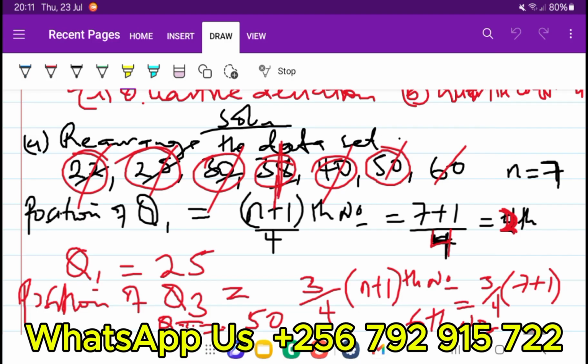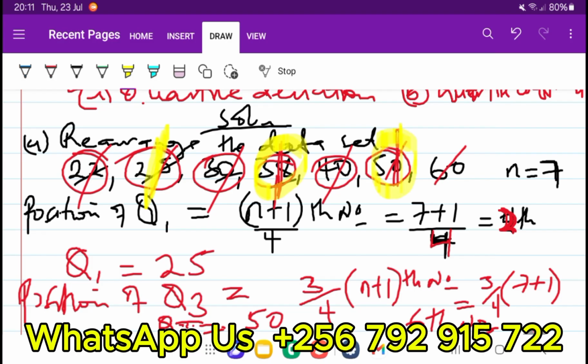Now the second half will be here. Then this one will be here. If you have taken this one as your median, this is Q2, then this is Q3, and finally this is Q1. That is if you are dividing, but it's better to go with the formula.